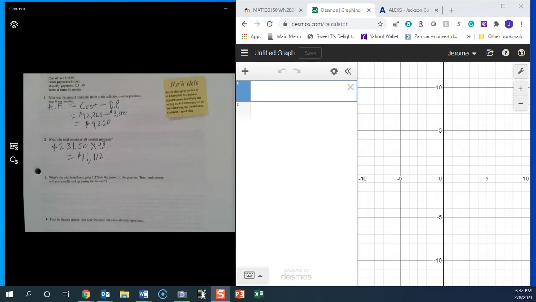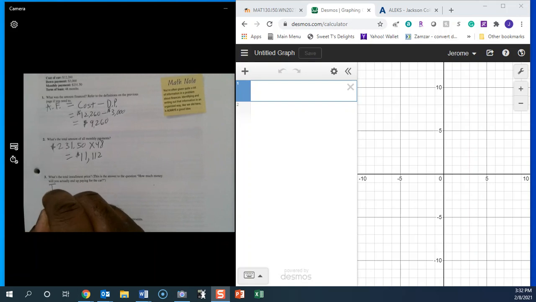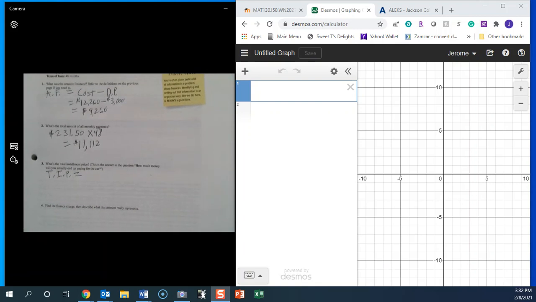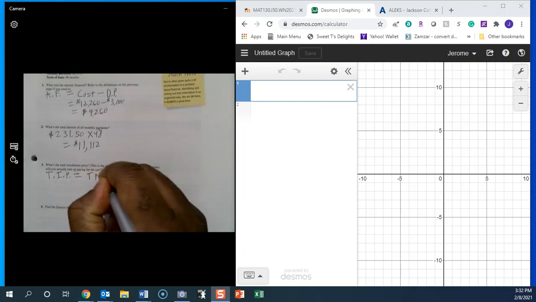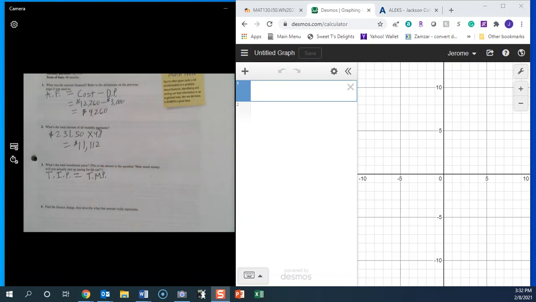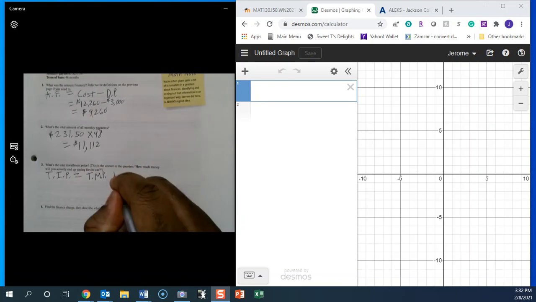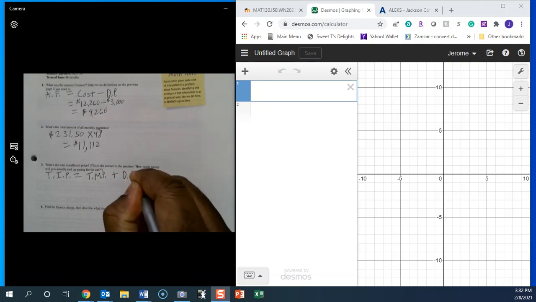It says, what's the total installment price? Now, I'm going to abbreviate that with TIP to stand for the total installment price. So the total installment price is the total monthly payment, which I abbreviate with TMP, plus the down payment.